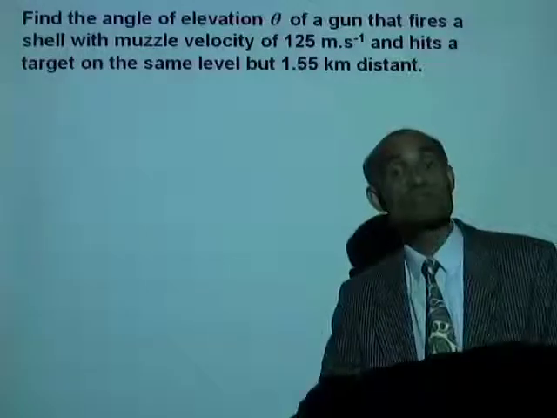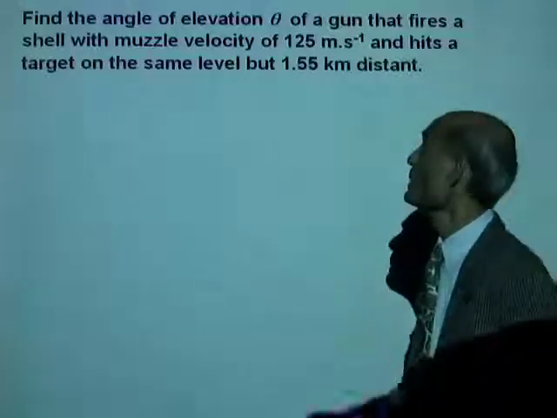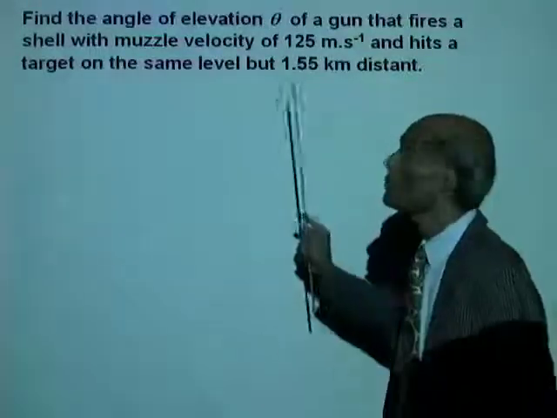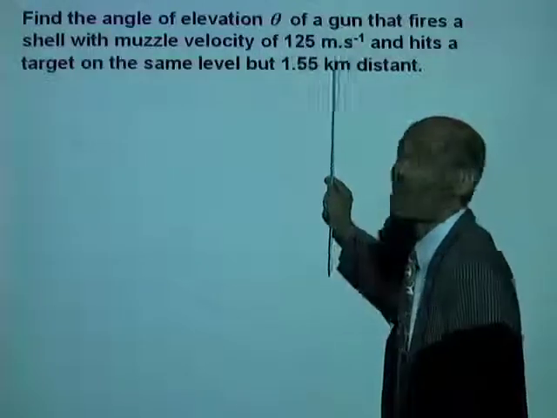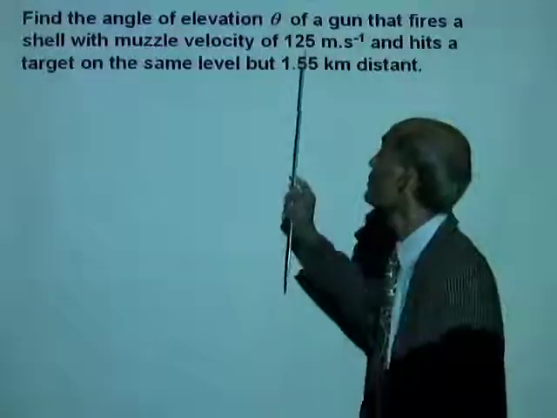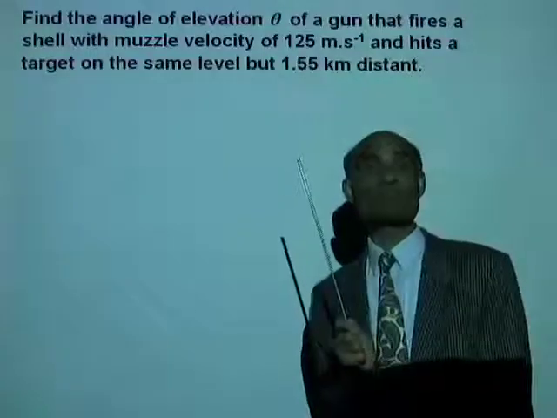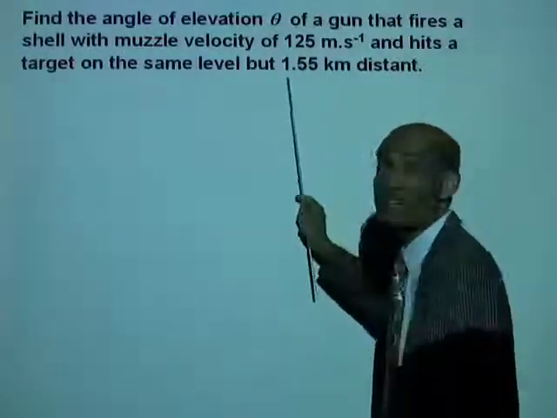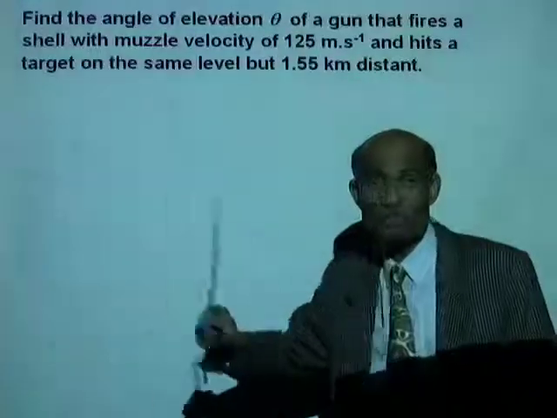Well, what are the given data we have? We need to find the angle of projection theta. We know the velocity of projection V0. V0 is 125 meter per second. What else do we know? We know the horizontal range, the horizontal distance traveled.